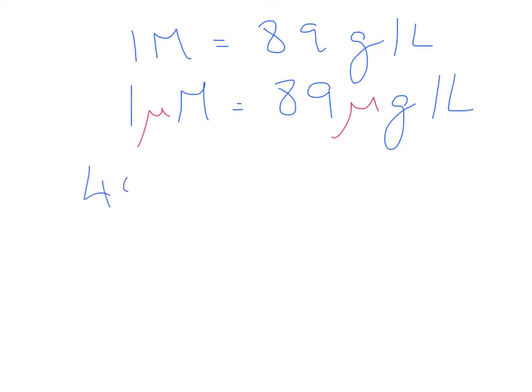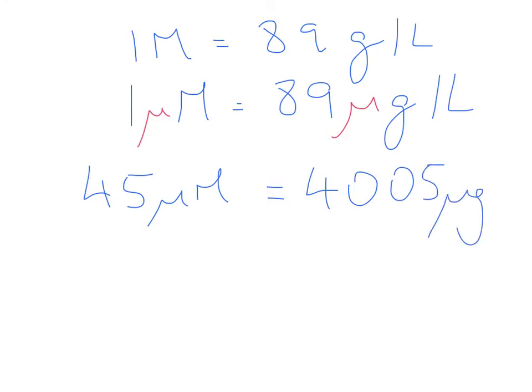But the question says in 45 micromoles. So 45 micromolar would be 45 times 89, which is 4005 micrograms per litre. So we've got an answer, but the question stated how many grams are present. So if we take the 4005, we need to go back 6 decimal places, because micro is 10 to the power minus 6.